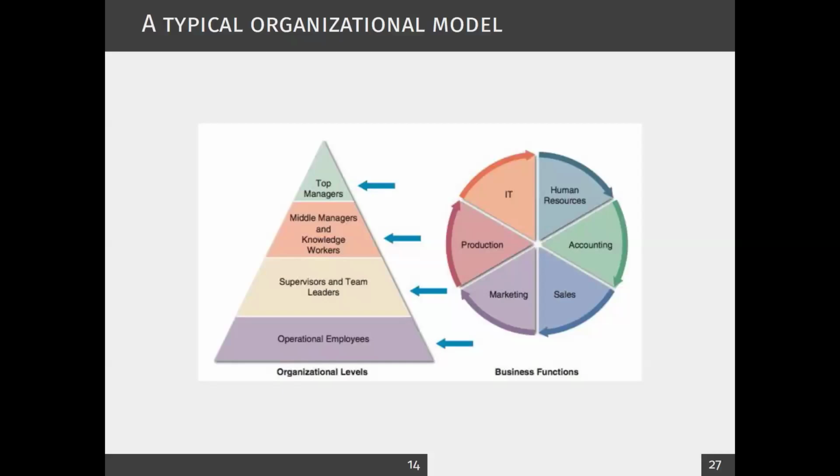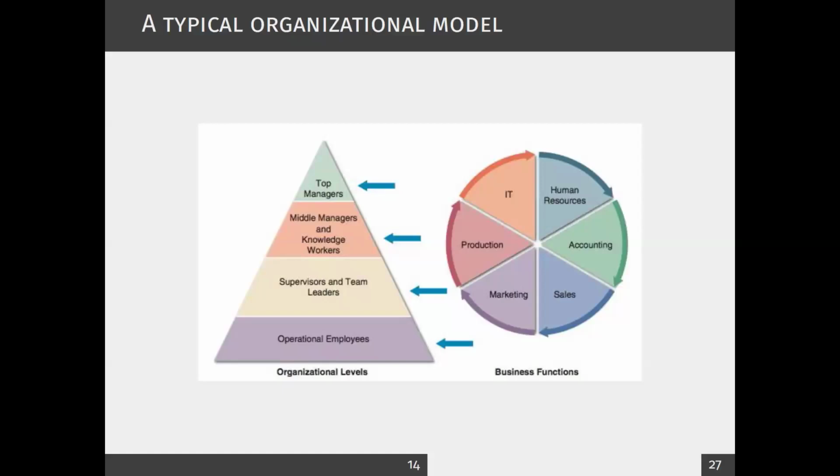Another thing that you need to understand is that in any organization, you should see different functions. Even in our university it is available as well. In any organization, you have HR, human resources, which means you have to recruit people, you have to keep them, you have to work on them.